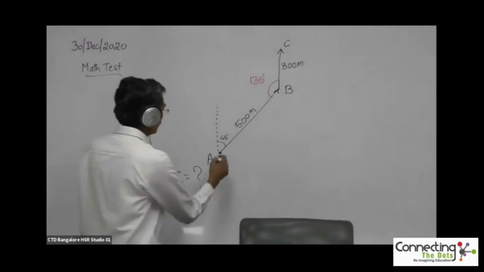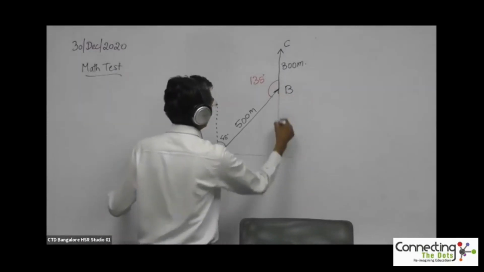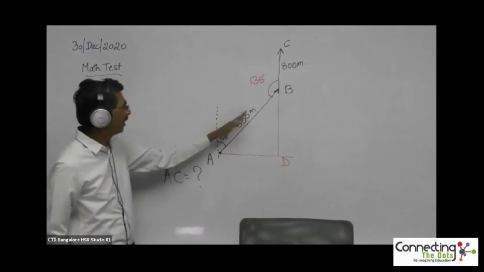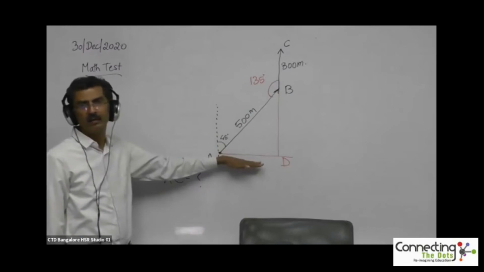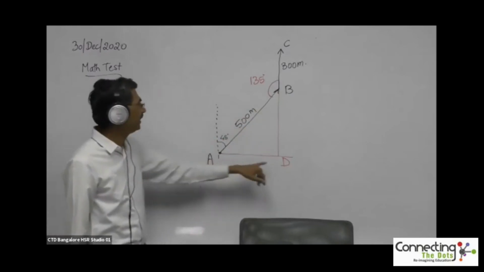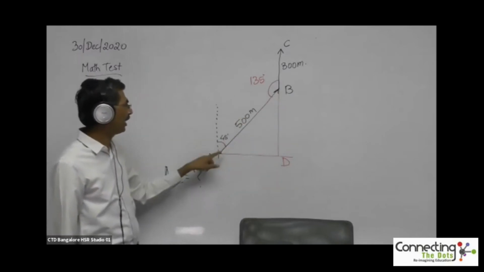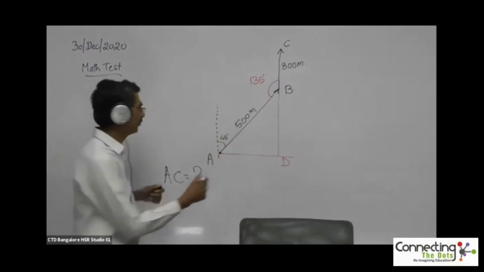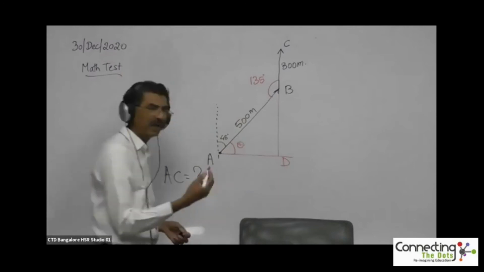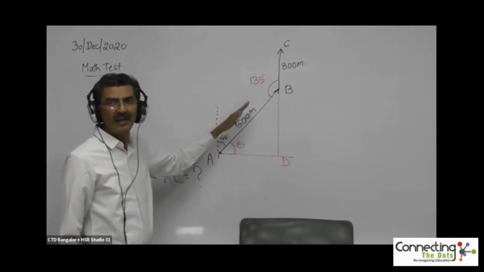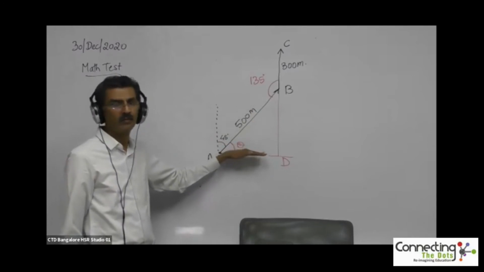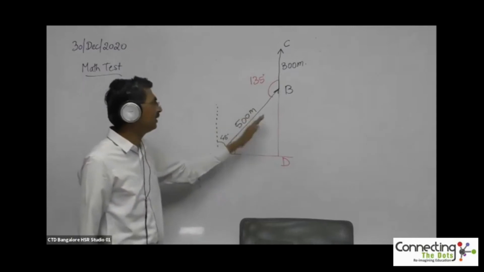Well, another approach is to say, if I call this point D, right, I can calculate AD. Because in triangle ADB, I know this side and I know the angle. So if this is theta, now theta happens to be 45. AB cos theta is AD. And AB sine theta is BD.